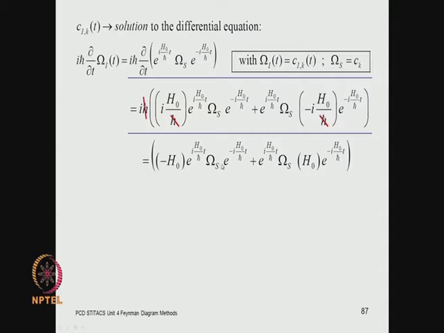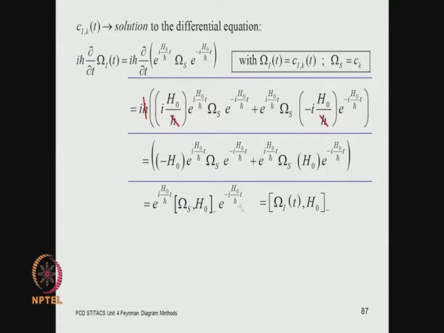Here you have these 2 operators in the reverse order, but with a minus sign. This H_0 of course commutes with e to the i H_0 over h cross. If you just rearrange these terms, you will find that you have got the commutator of the Schrodinger picture operator with the unperturbed Hamiltonian, sandwiched between these transformation operators. So, that is the result that you get.